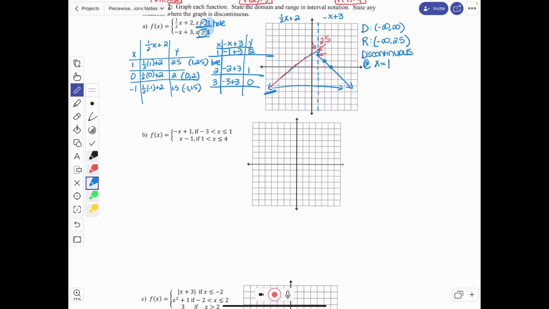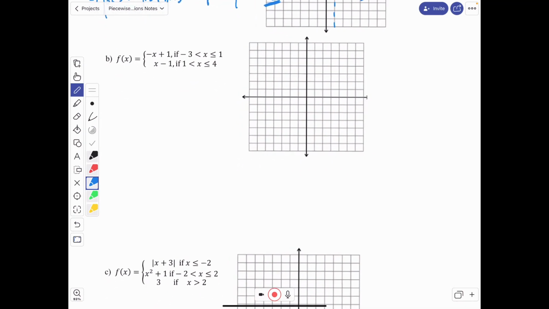Okay. So then for our next one, we look at our numbers to establish what I like to call my fences. So you've got a -3, a 1, the 1 is there twice, and then you've got a 4, okay? So I'm going to fence here at -3, a 1, and then a 4.